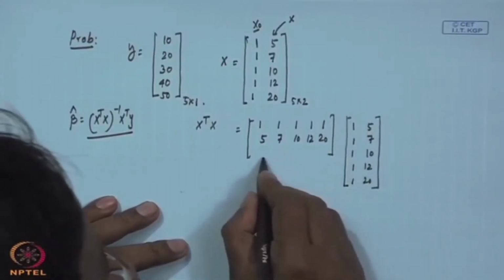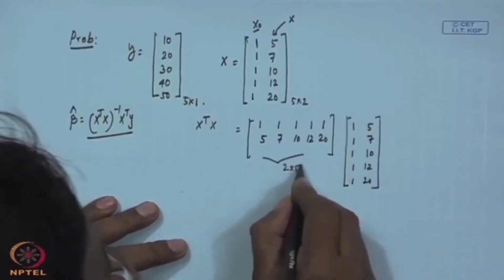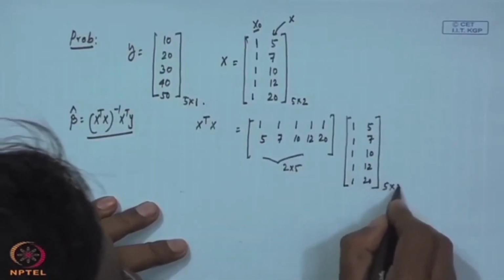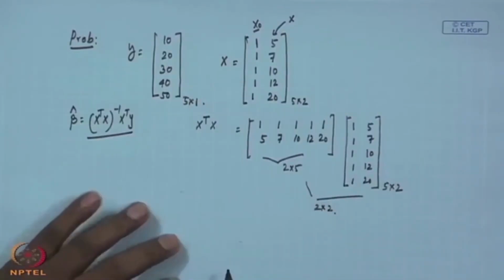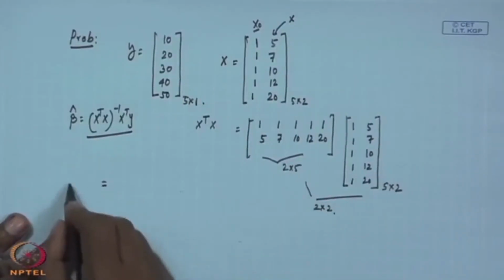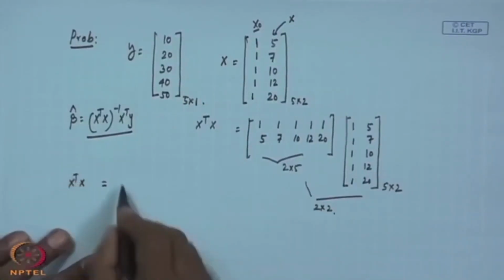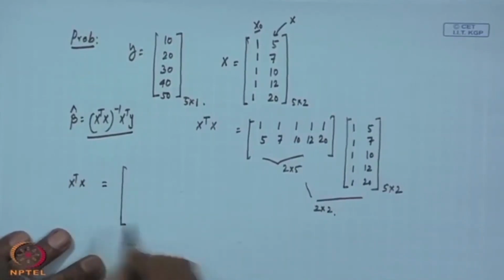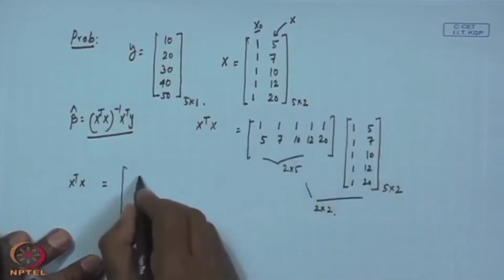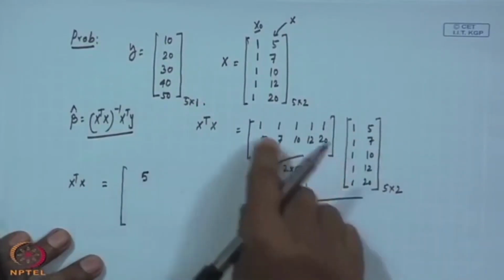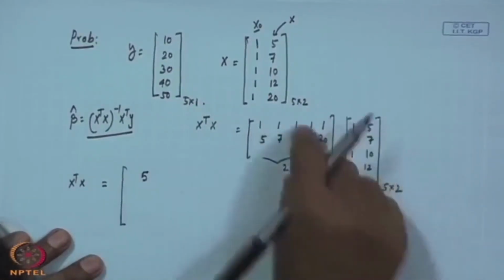Now, this matrix is 2 cross 5, this is 5 cross 2, the resultant will be a 2 cross 2 matrix. So, you will get this x transpose x. If you multiply 1 into 1 like this, there are 5 data points, so you will get 5 first. This into this like this.